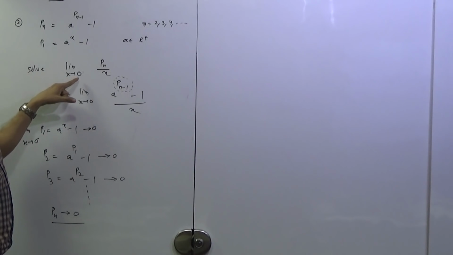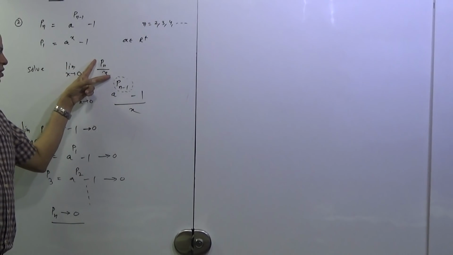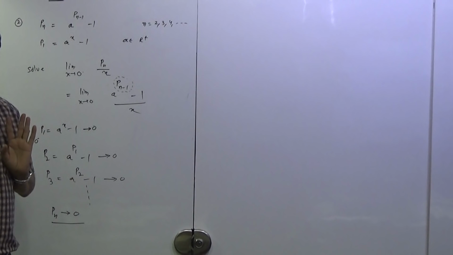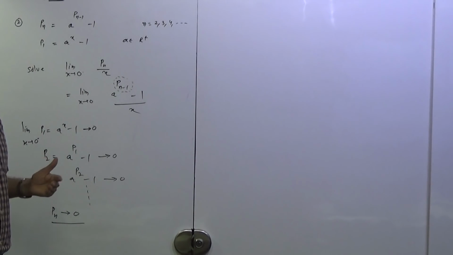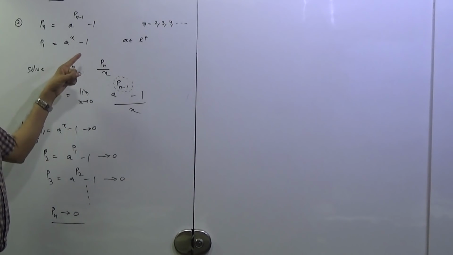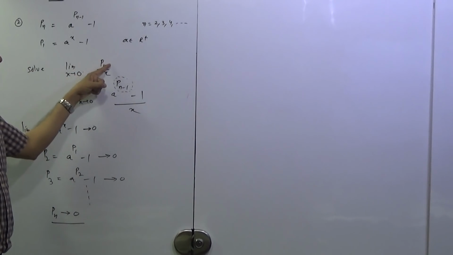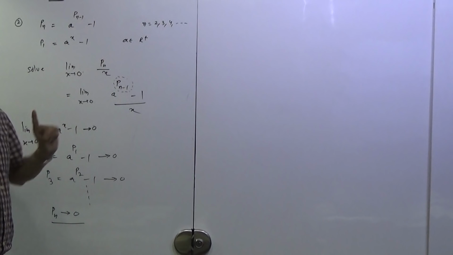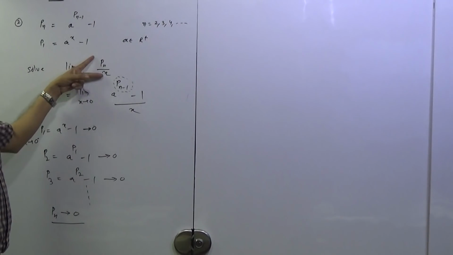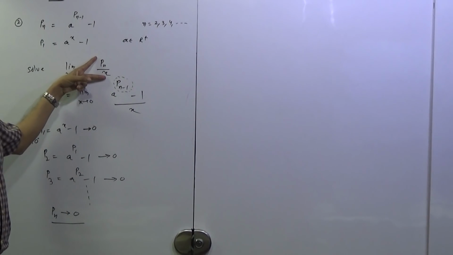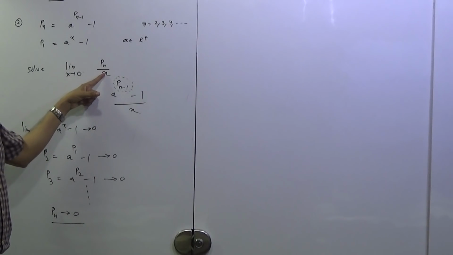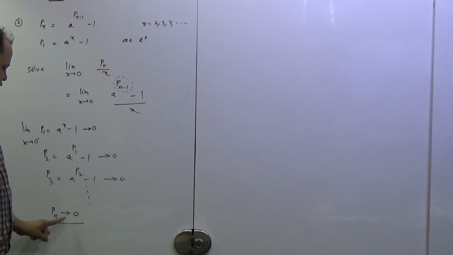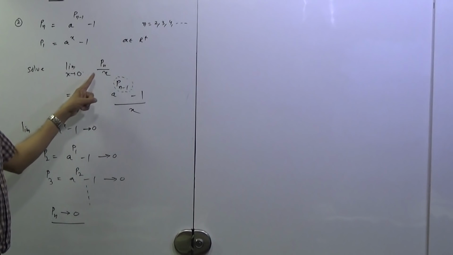My purpose of solving the limit is when I get an indeterminate form. If I were not able to prove that Pn is approaching towards 0, and it is a non-zero finite quantity, then the limit will not exist because the denominator is 0. Here we have proven that Pn is also approaching towards 0 for x tending to 0.